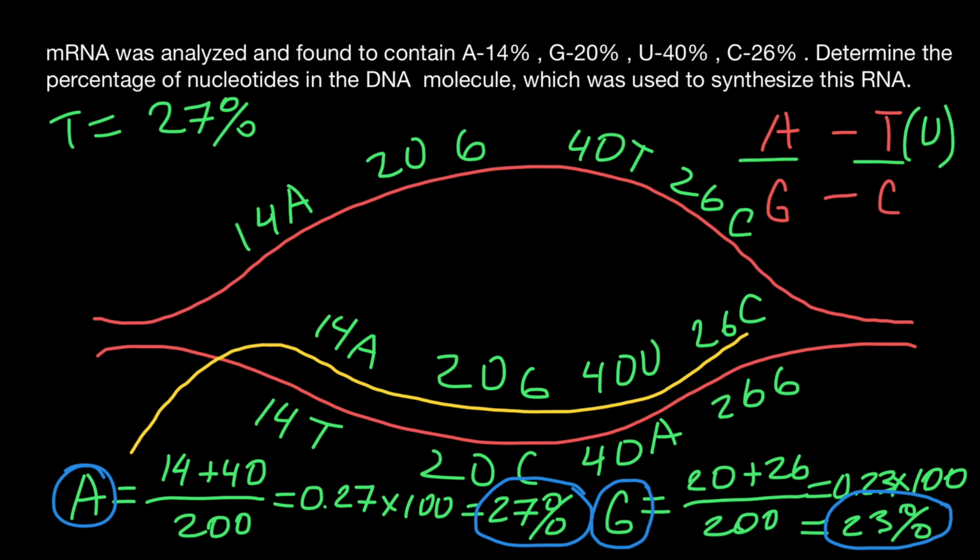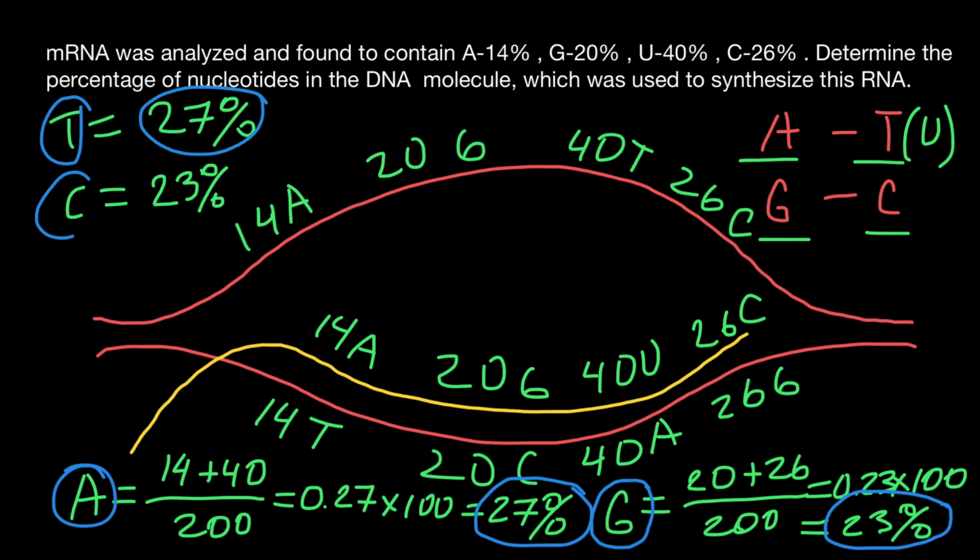And because the frequency of guanine is 23%, the frequency of cytosine would equal 23%. Now let's add these numbers. Thymine 27% plus cytosine 23% is 50%, plus adenine 27% is 77%, plus 23%, we get 100%.